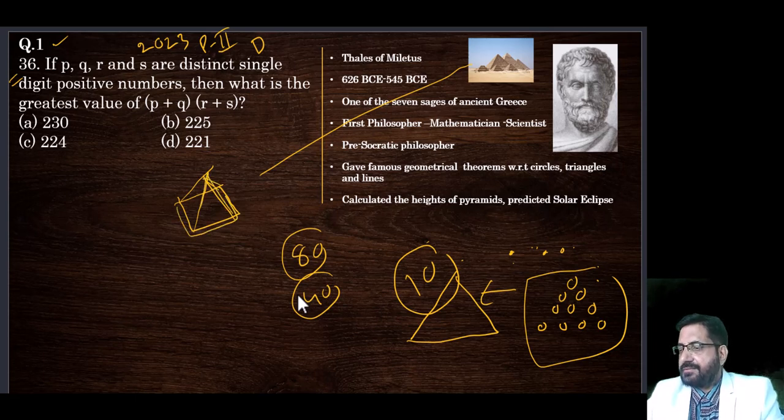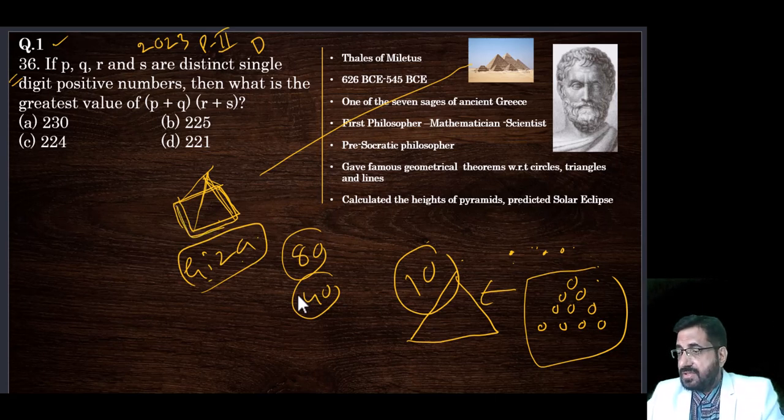The base is square. What is the area of the square? I am talking about the biggest, largest pyramid, near Cairo in Egypt. You might have heard about the pyramid of Giza.